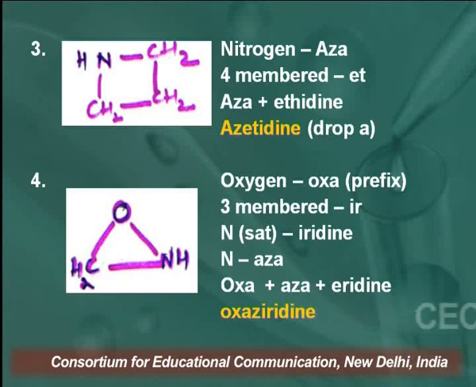Yes. Now you will see the priority order: oxygen will come first. So oxa plus aza plus the 3-membered ring suffix plus idine. Drop the vowel from oxa, so it is oxaziridine.